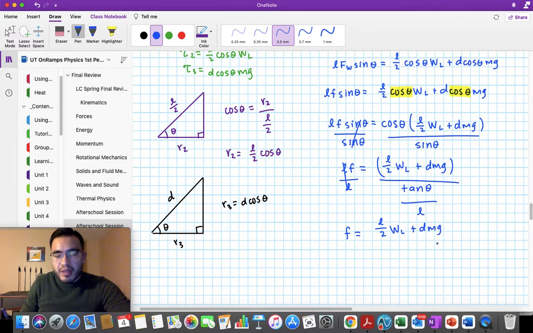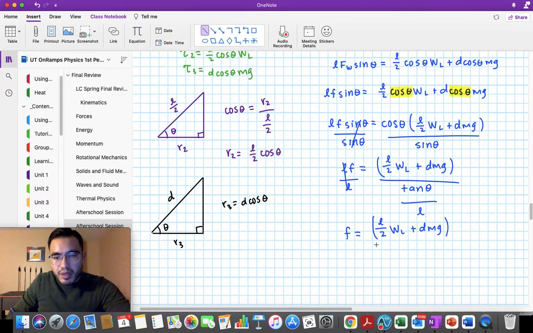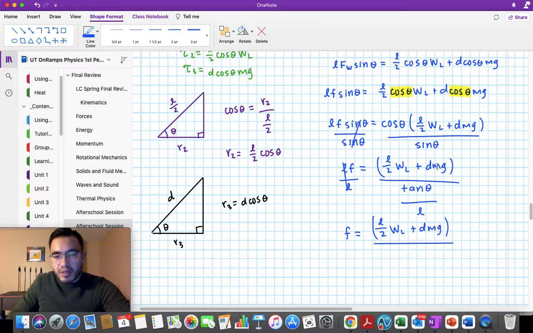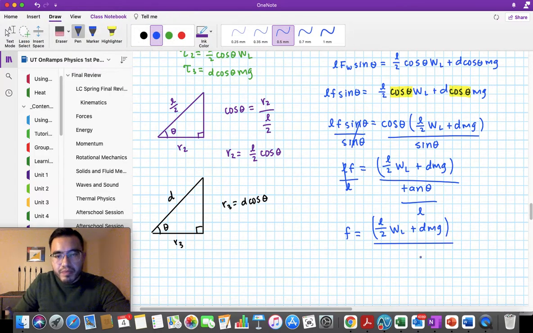divided by, that's ugly. So let me just add parentheses here, and I will use my tools, because why not? I'll divide it by L tangent of theta.